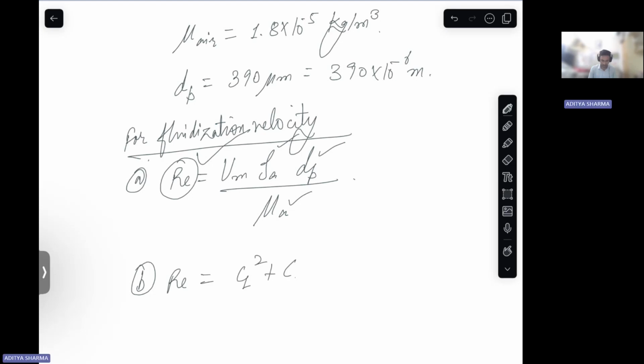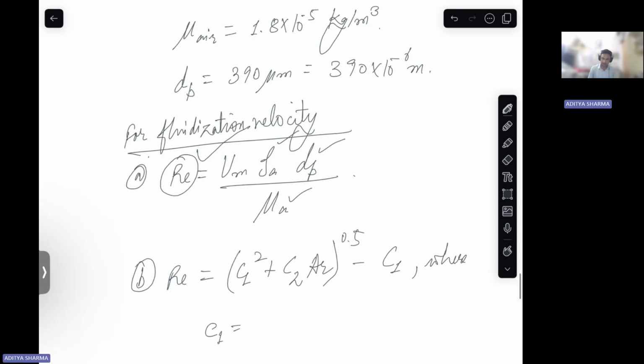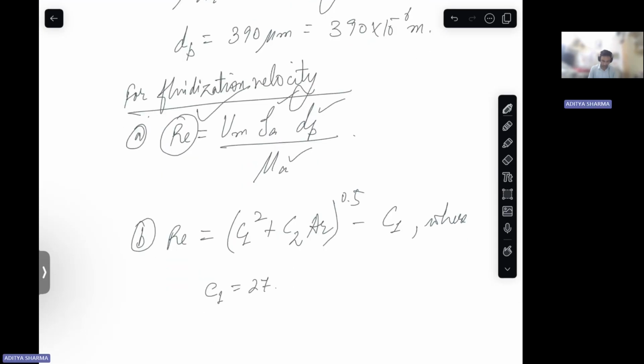And what is the Reynolds number? There is one expression for the Reynolds number, where C1 is 27.2 and C2 is 0.048, right?